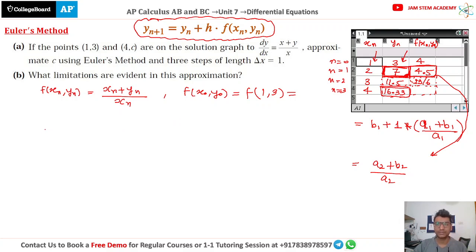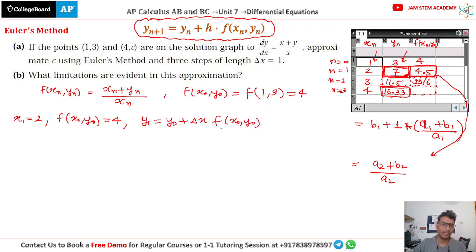If they allow you to use GDC, fine. If you don't want to use a spreadsheet, you can find each value separately. Means you can start with x1, y1. So x1 is equal to 2. You can use f of x naught, y naught, which is 4, and then the y1 value will be y naught plus delta x times f of x naught, y naught.